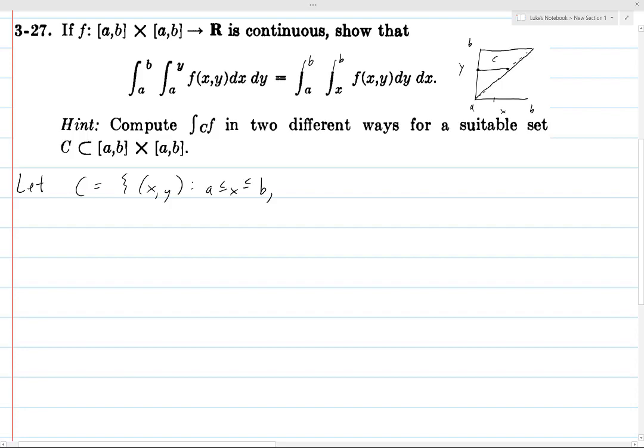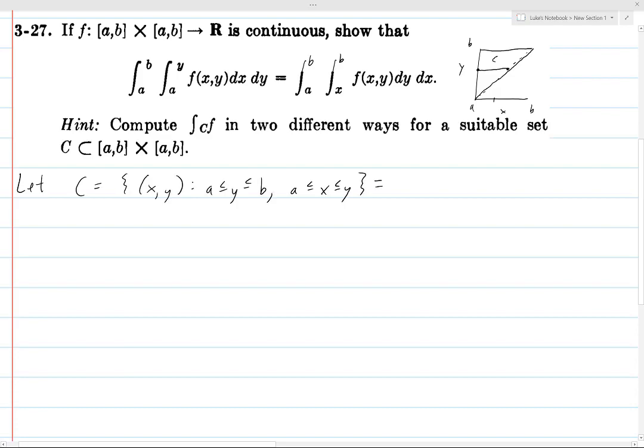I want to do this backwards, because I want to make this agree with the left-hand integral first. For the left-hand integral, y ranges from a to b, and for any fixed y, x ranges from a to y. So we can write it like this.